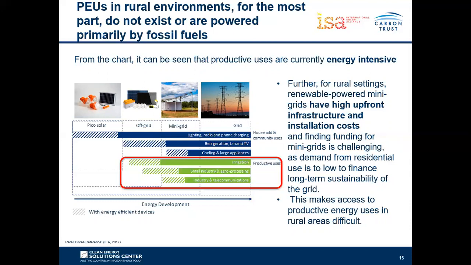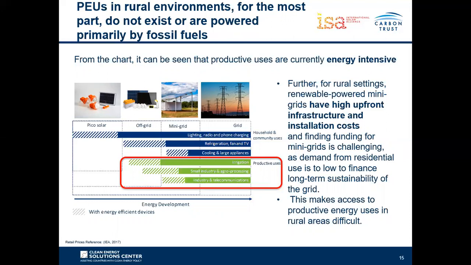However, when we start moving towards productive uses, so moving away from a consumptive use, such as those in the blue, to productive uses, the bars in green, we can see that a more stable and a higher electricity supply is needed to sustain these activities.